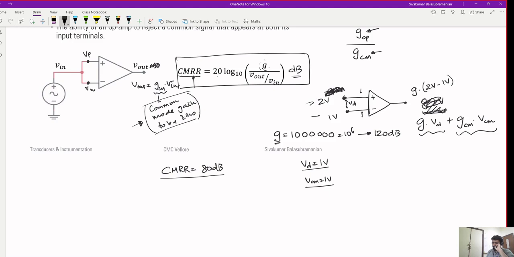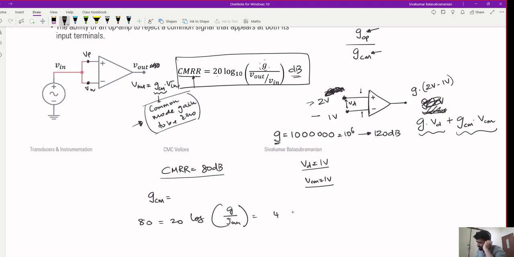Common mode gain will be 100. What is the common mode gain? 100. How did you derive that? Equating CMRR is equal to 20 log 10 of G open loop by common mode gain. Okay.